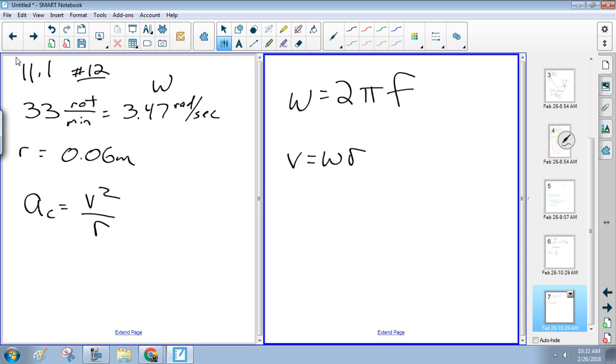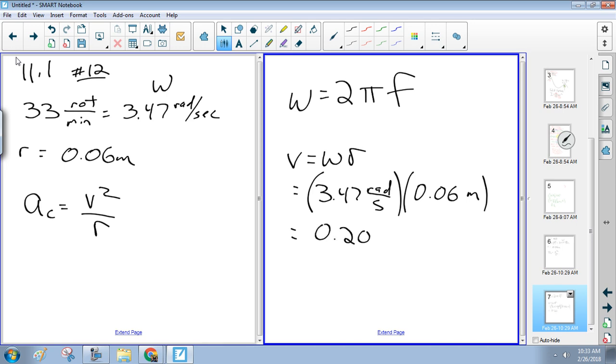We know omega is 3.47 radians per second. Our radius is 0.06 meters. 3.47 times 0.06 gives you about 0.208 meters per second.